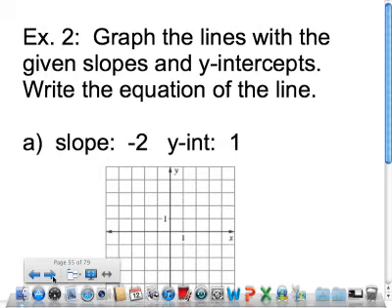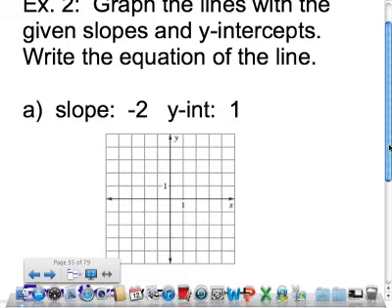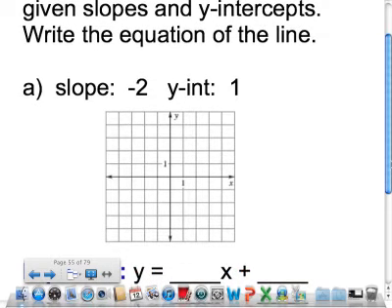Now we're going to look at graphing lines if I just give them to you. The graphing is not the hard part, right? If I tell you the y-intercept is positive 1, that means just go up to 1, plot it. Slope is negative 2. That means down 2, right 1. Make sure when you graph your lines, make sure it makes sense.